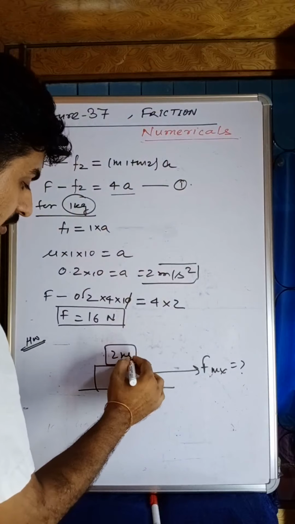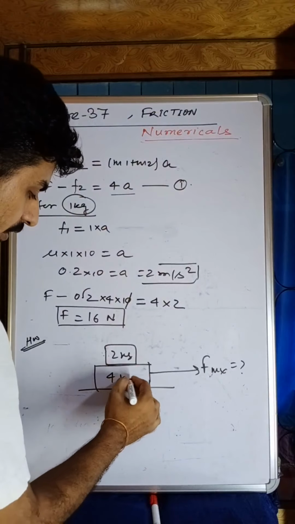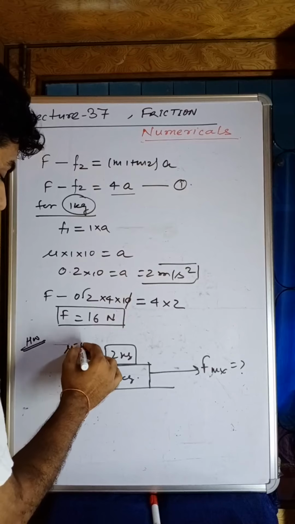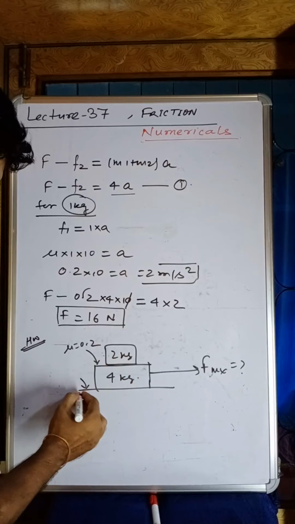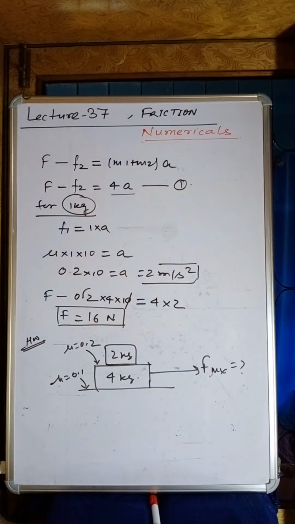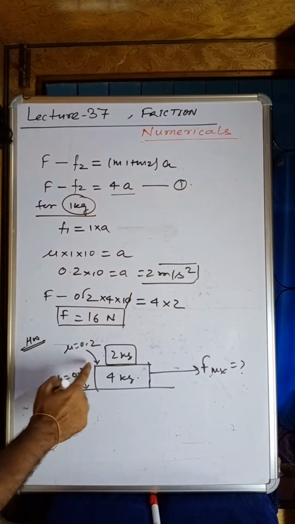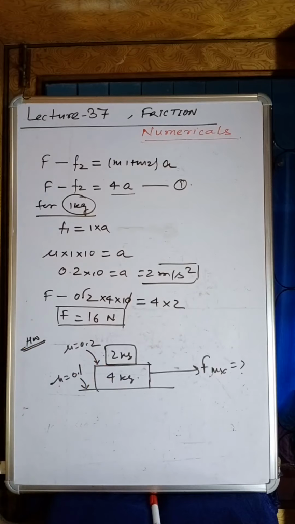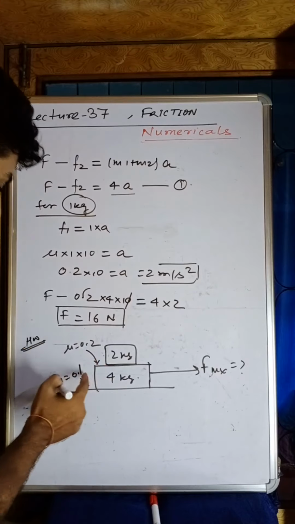Suppose this is 2 kg and this is 4 kg. Here mu is 0.2, and here let me change it to 0.1. I have changed the data: 0.1 and 0.2.